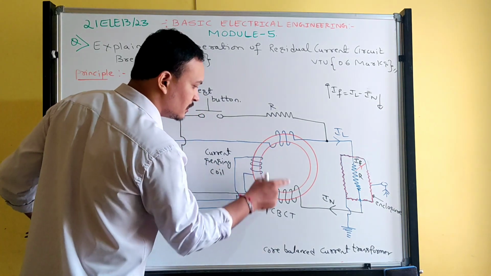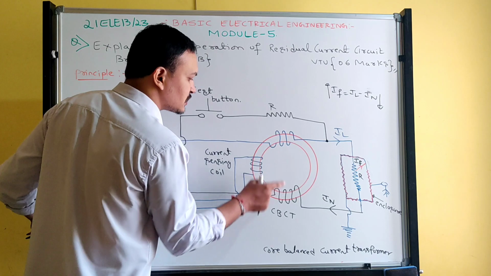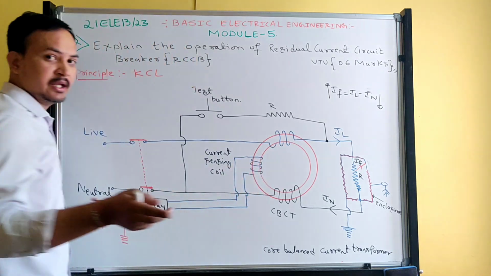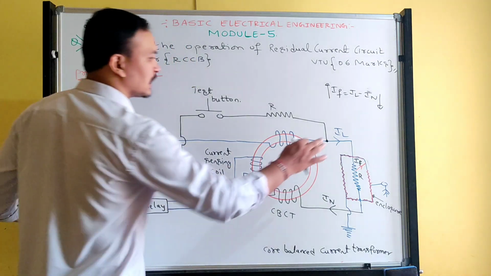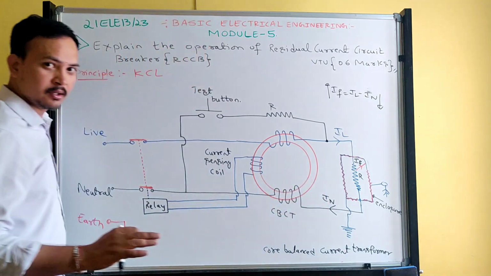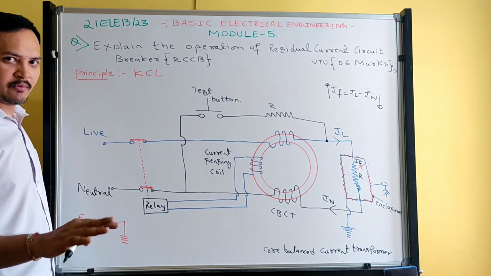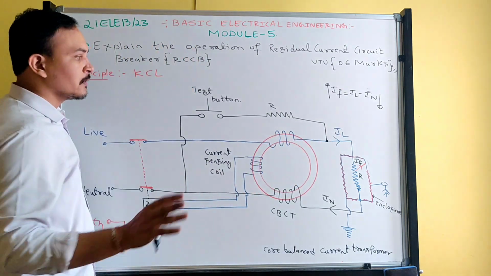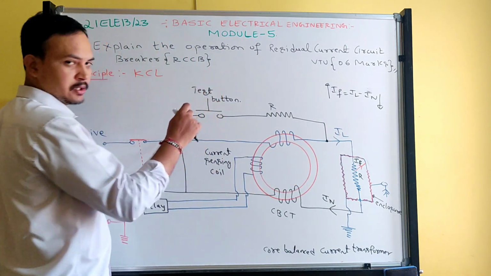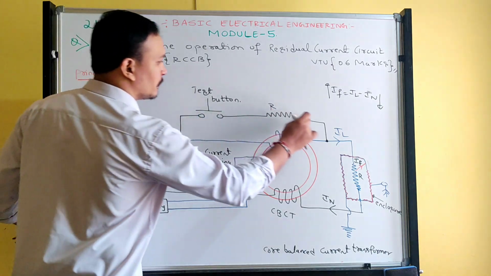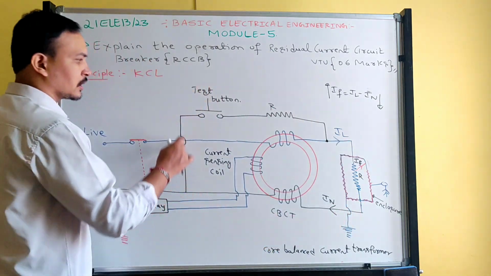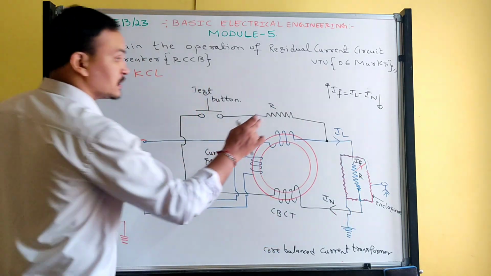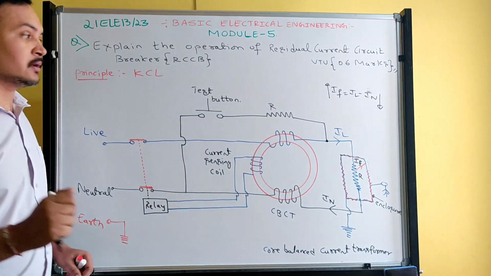If there is any imbalance between these two coils, any difference between the live wire current and the neutral wire current, then the test button closes and the entire current passes through the test circuit. Suppose this resistor was not there, what would happen?